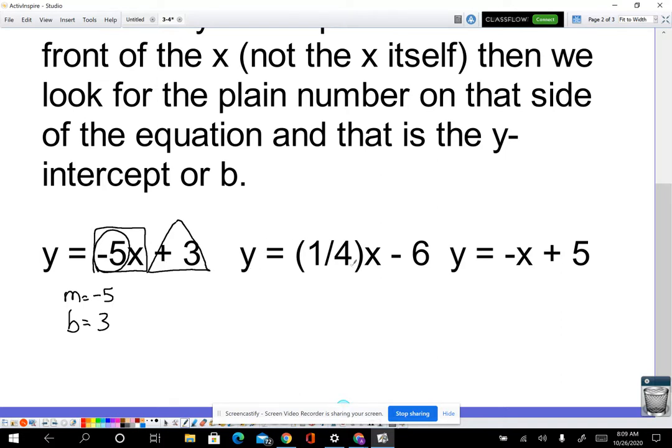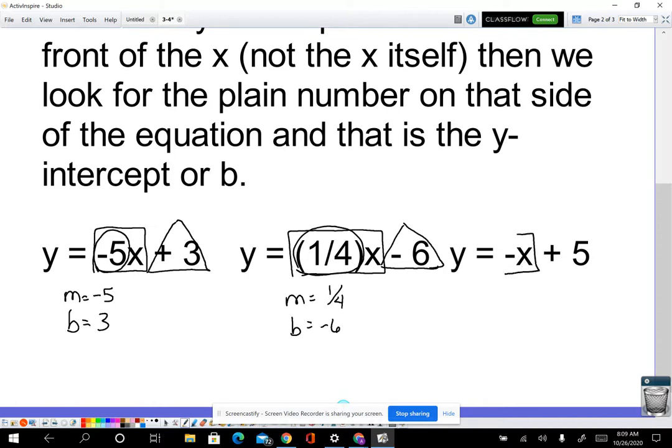So y equals mx plus b. Here's our x term. Here's our number out in front of it. So our slope is 1/4. And our y-intercept is that plain number that's on this side, which is -6. Well, this is the one where we have an x with a minus sign out in front of it.